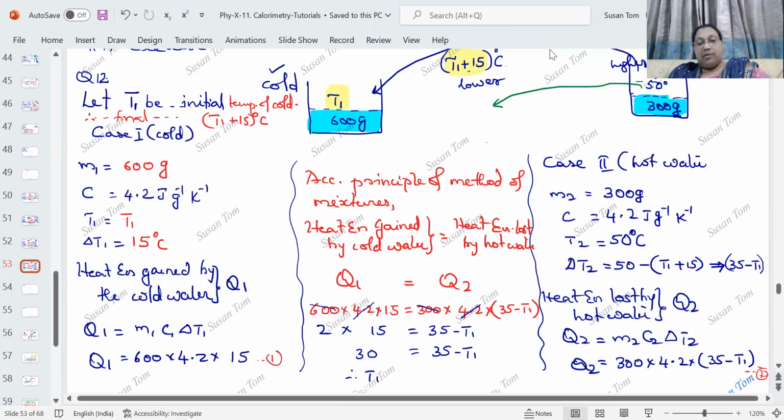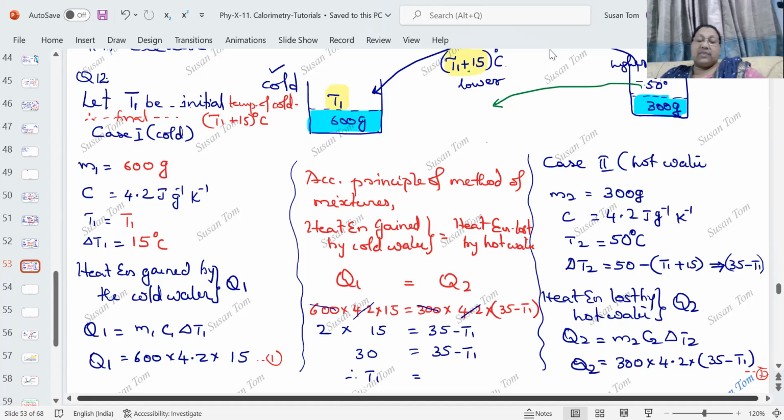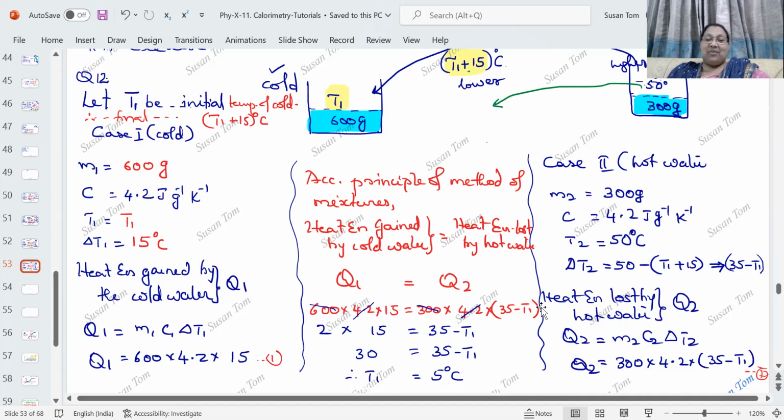Therefore, T1 is equal to 5 degrees Celsius. 30 goes there, T1 take here. It will be 35 minus 30, which is equal to 5 degrees Celsius. So initially the water was at 5 degrees Celsius. Yes or no?